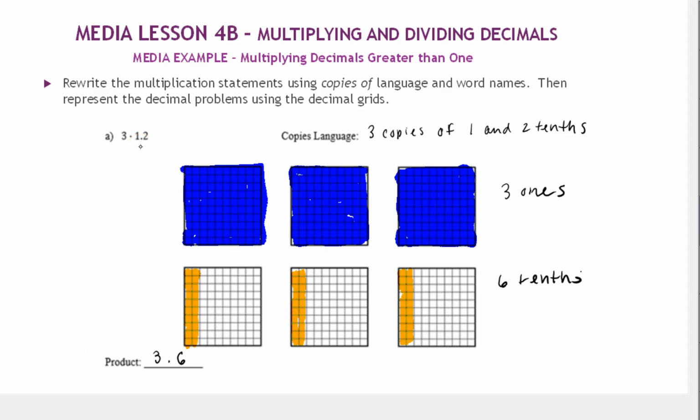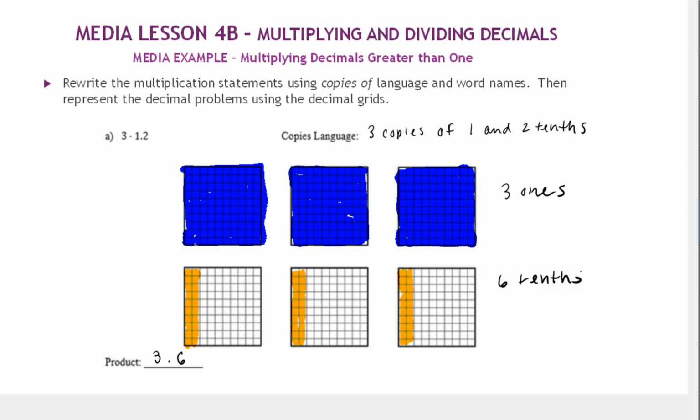Notice, if we look at the 1.2, but ignore the decimal for a second, 3 times 12 is 36. So notice this is a version of 36 with the decimal in another place. We have 36/10 in this case. We could think of this as 10/10, 20/10, 30/10, 32, 34, 36/10.